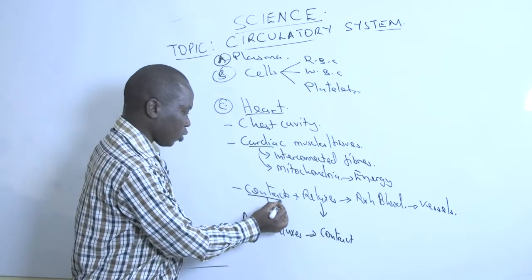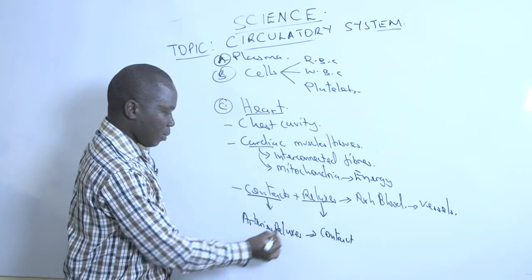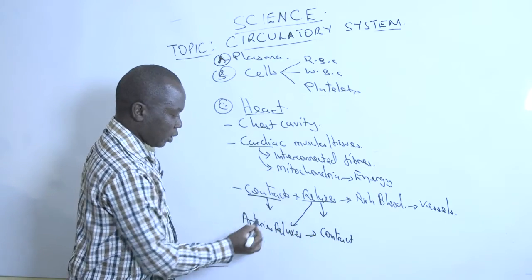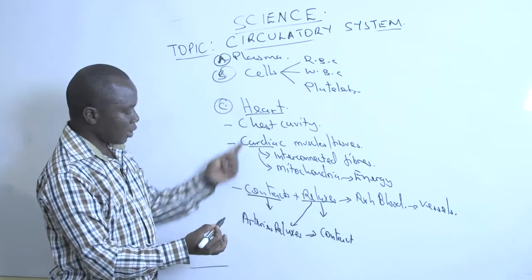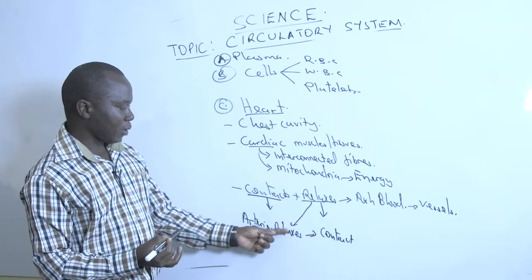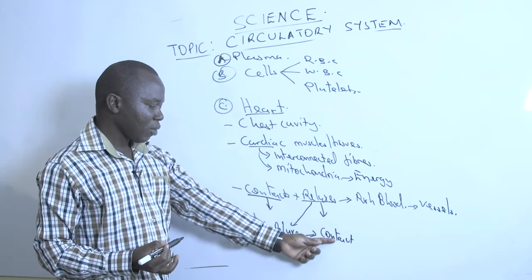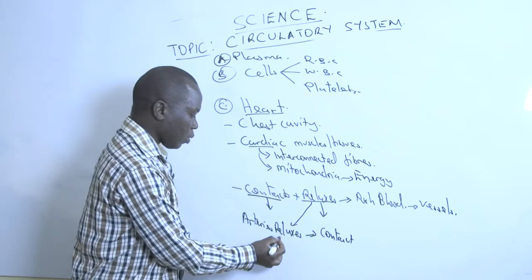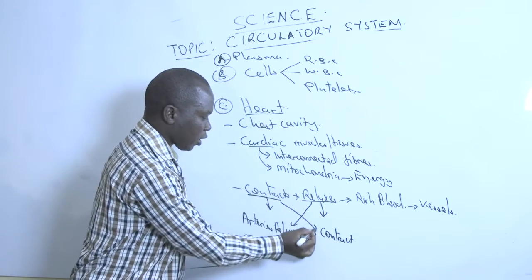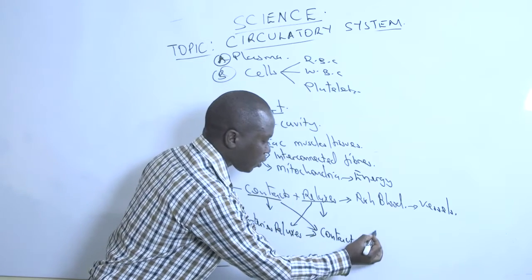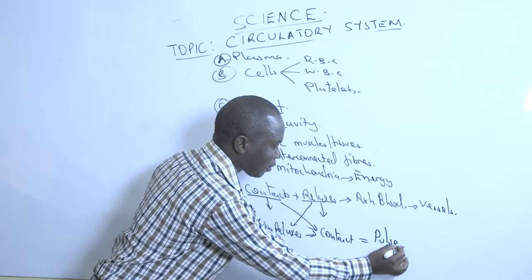So remember, there's a relationship. Contraction of the heart, arteries are relaxing. Relaxation of the heart, arteries are contracting. These two, relaxation and contraction, form what we call a pulse.